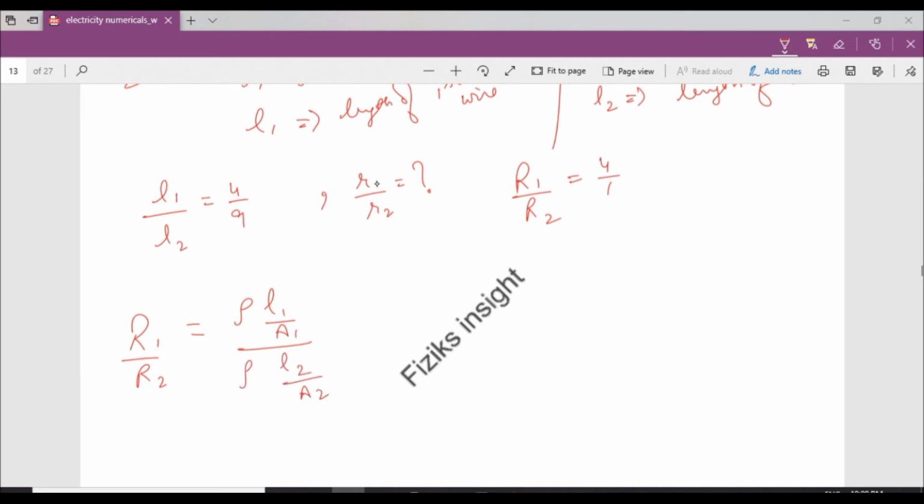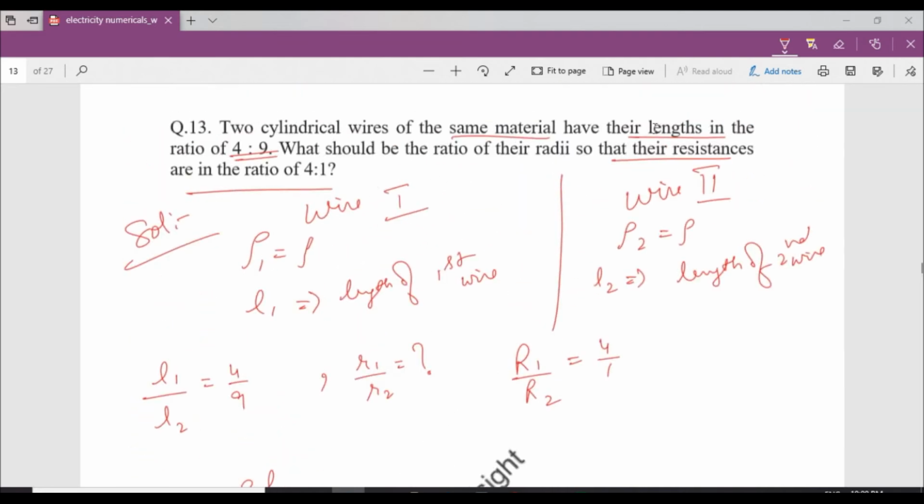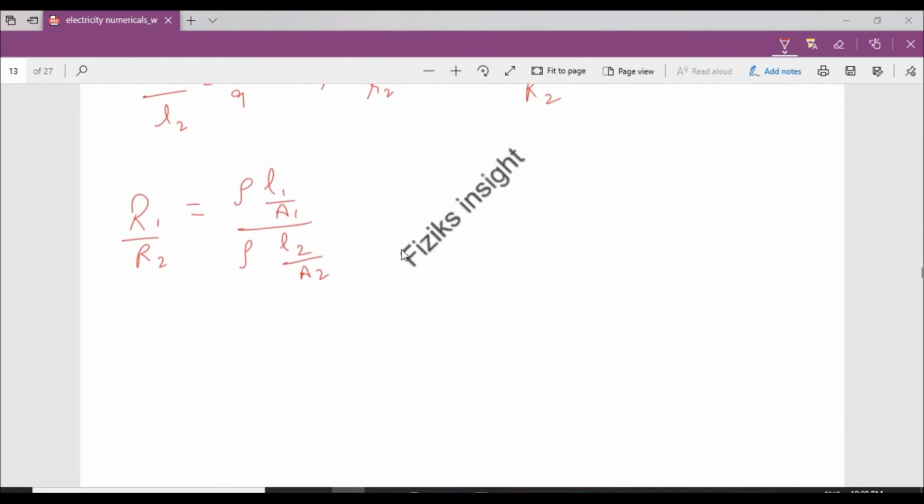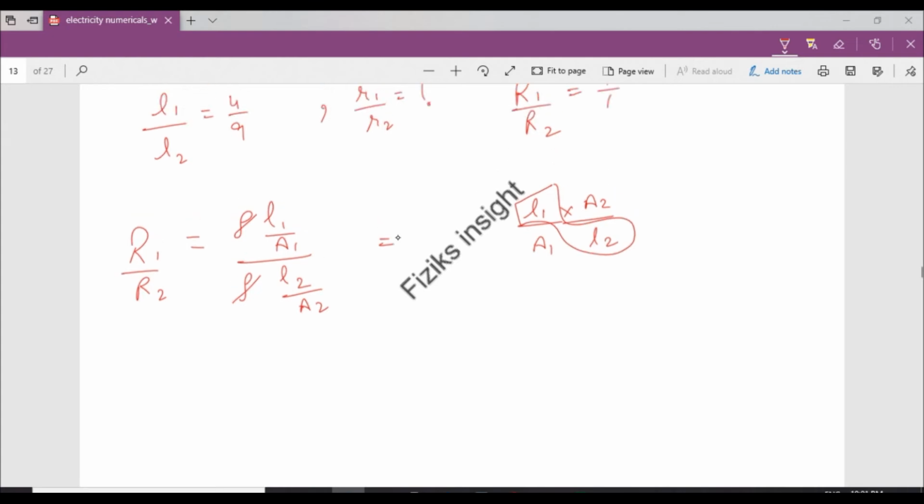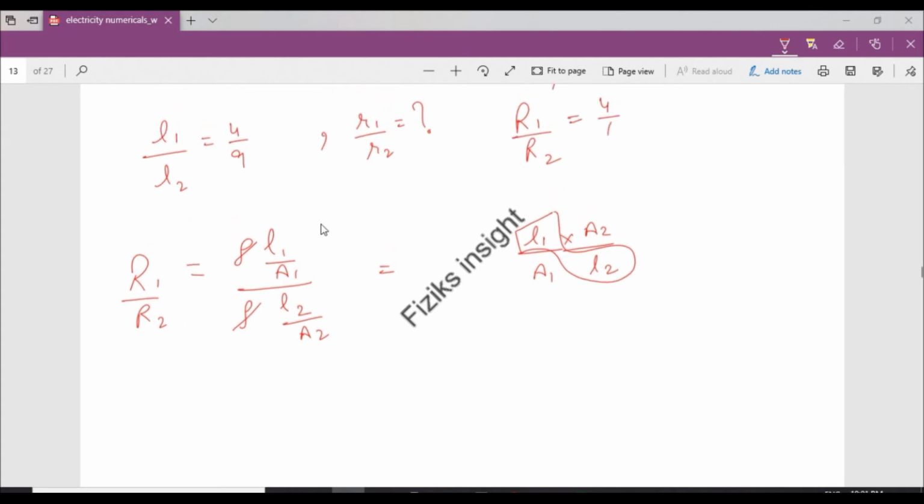Now rho will be same as both the wires are of same material. So we are substituting here, cancelling rho with rho. So we are getting L1 by A1 into A2 by L2. So L1 upon L2, this ratio is 4/9. R1 by R2 is equals to 4/9 into A2 by A1.